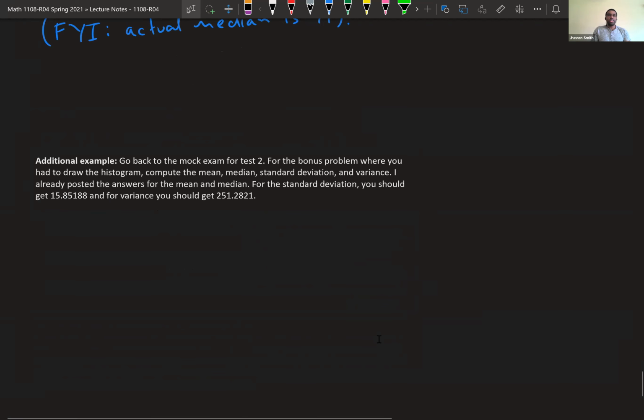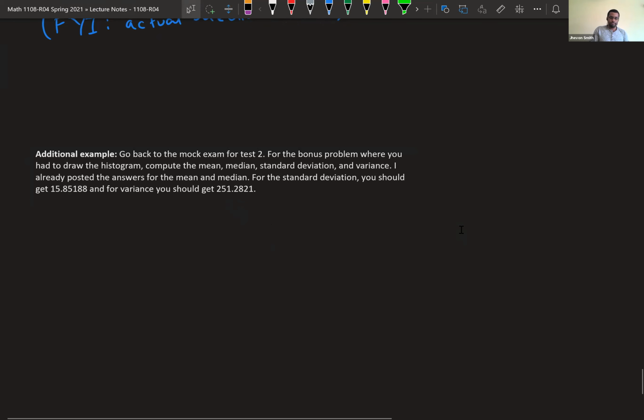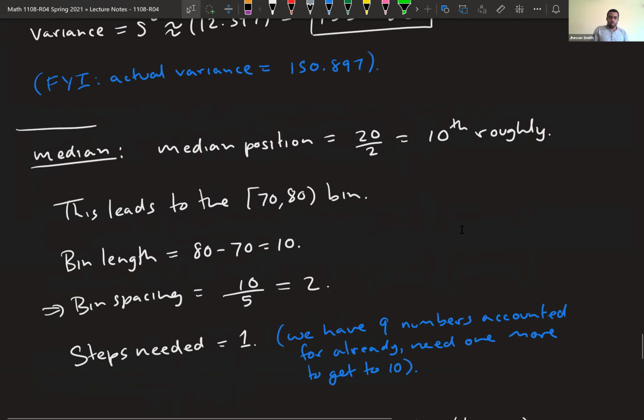I gave you the answers for the mean and the median, however I didn't give you the answers for the standard deviation. The standard deviation you should get using these formulas is 15.852, and the variance is 251.2821. Okay, and we will stop there.